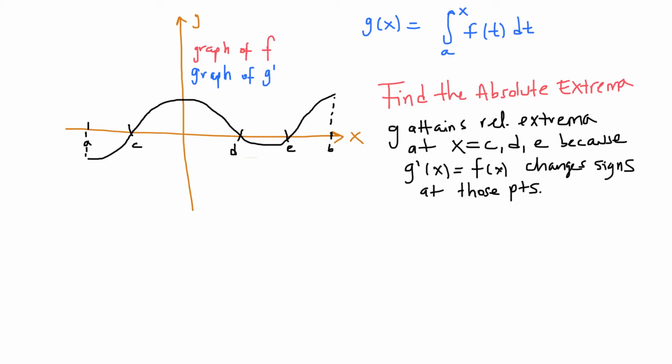Okay, so this is what I'm going to do. I'm going to compare the critical values against each other and the endpoints against the critical values and each other until I get something that tells me this must be the maximum, that must be a minimum. And so this is how the process begins.